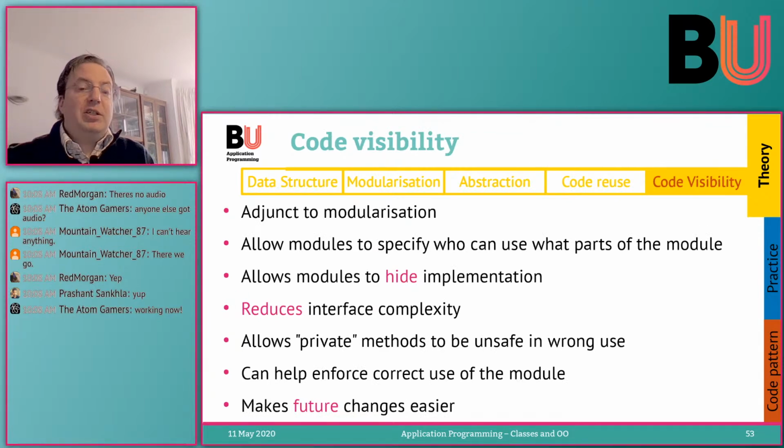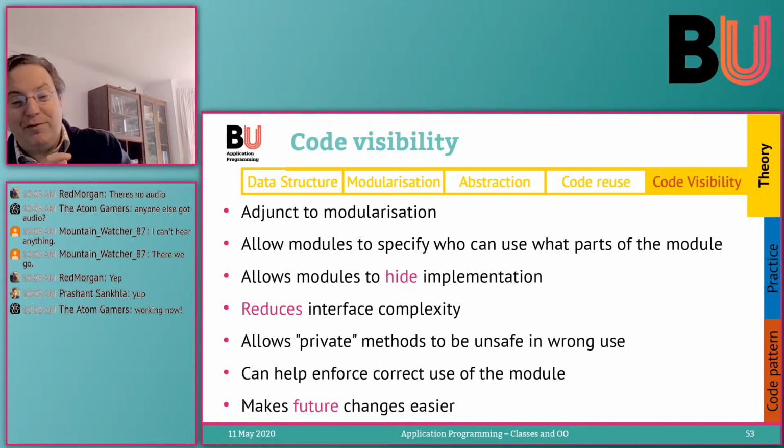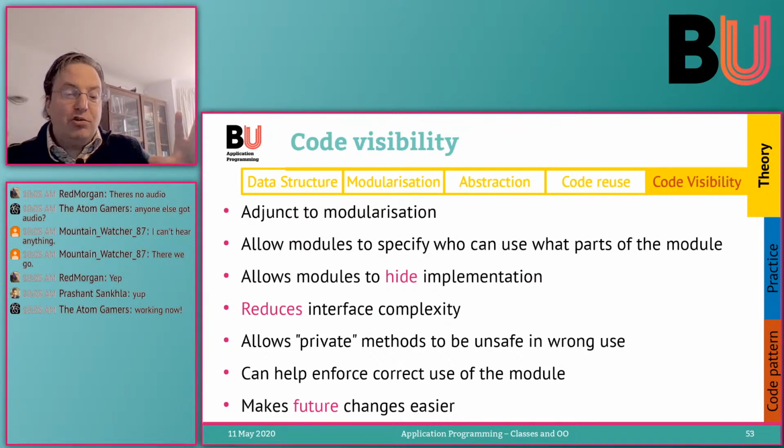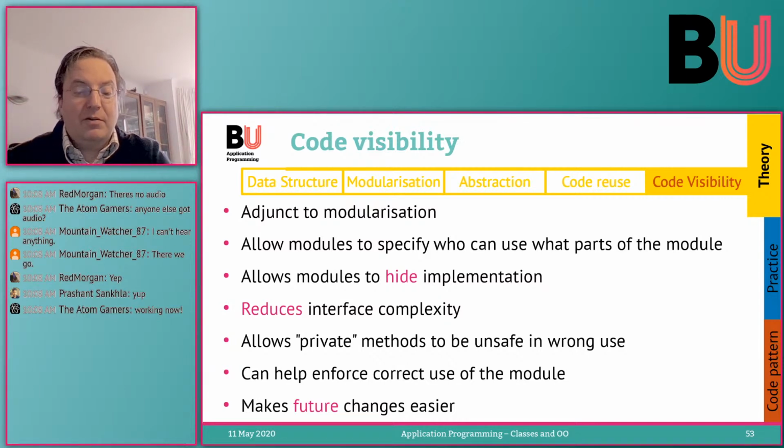And code visibility goes hand in hand again with modularization and abstraction. It allows you to say, okay, this particular code is not visible from the outside. Not only is the implementation invisible, if you create helper functions or something like that, those can be invisible too. So you reduce the complexity of the interface and allow for future changes.